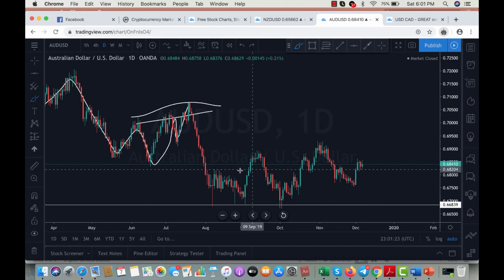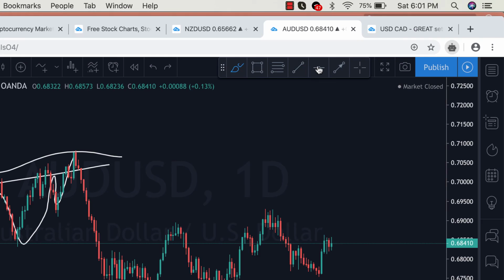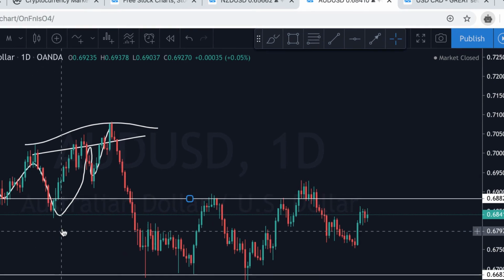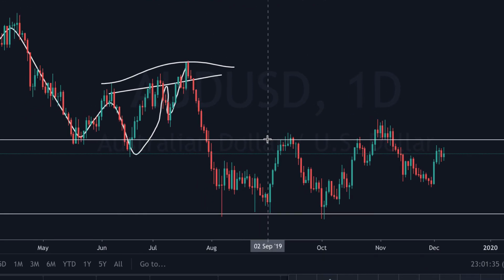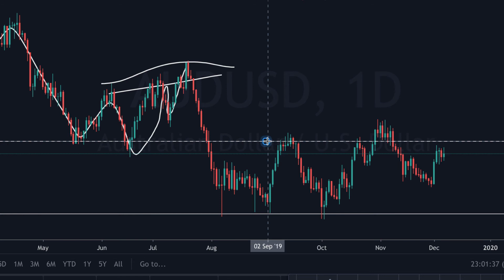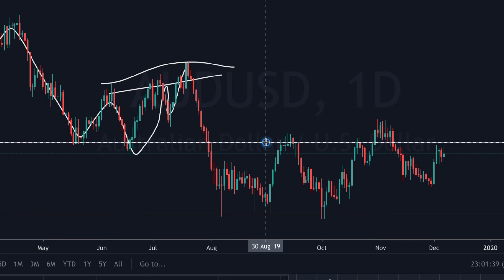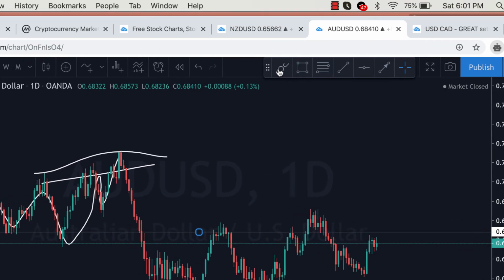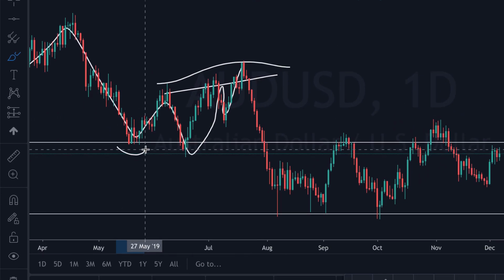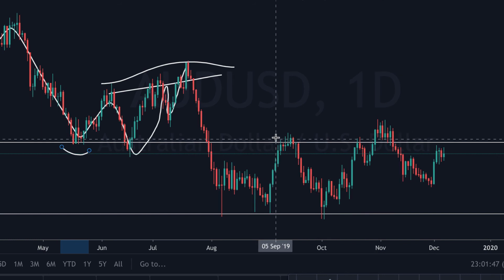So this was a support, very easy to spot. Same thing, this was a resistance too. Now, right? This was a resistance as well. There we go. Look how many times the price tested, and is it easy to spot? Yes, it is.